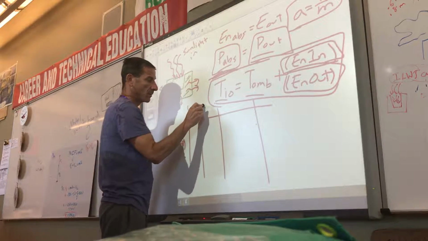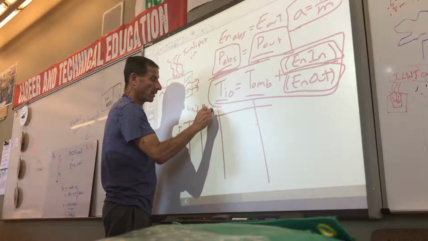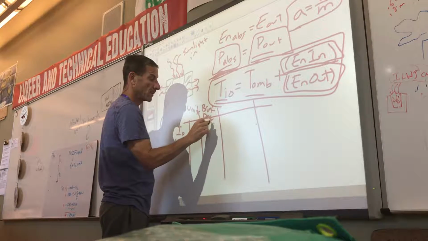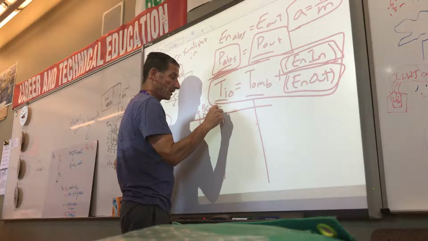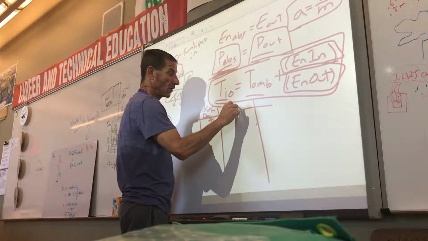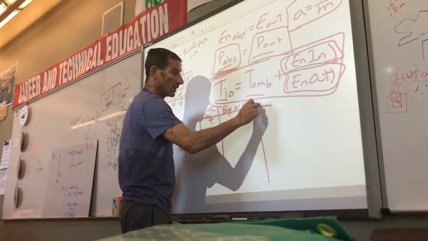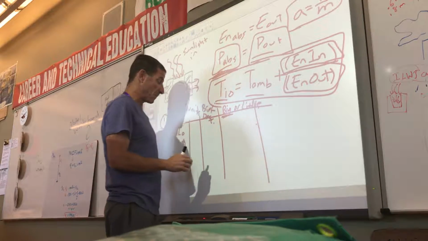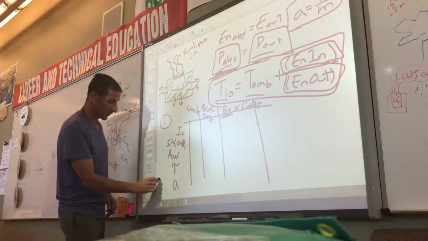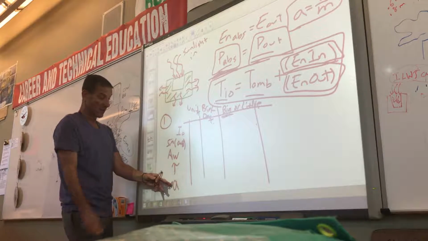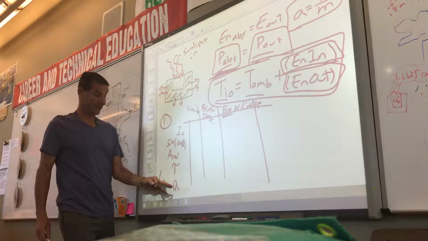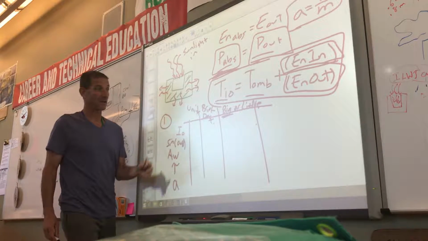In this column, a brief description. And in this column, do we want it big or little? Is a big one of these good? There's U also. Is a big U good or is a big U bad? Is a big A good? Is a big A bad? Et cetera, et cetera.